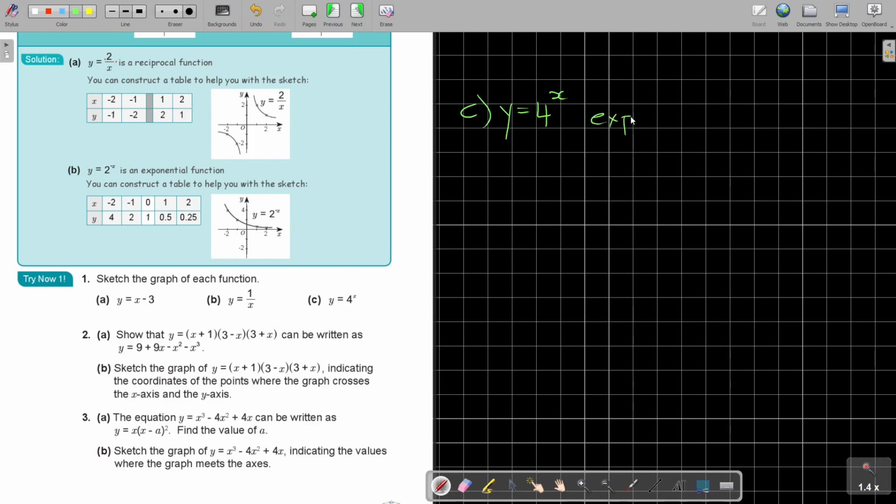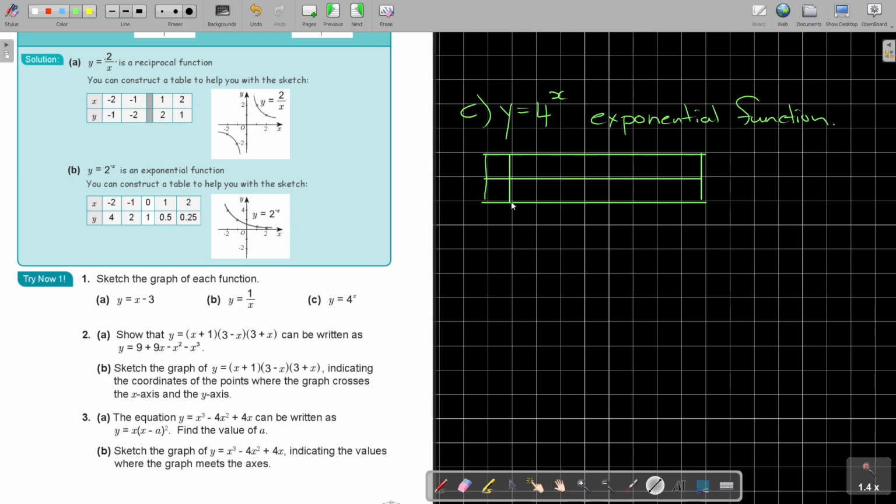So basically you can again construct your table. It's always helpful. Oh, I don't like lines that are not straight. I like straight lines.